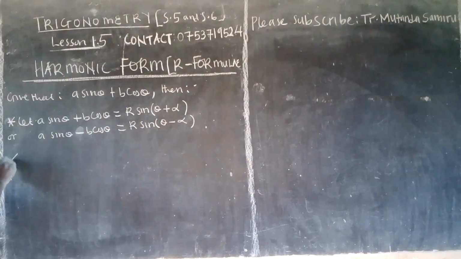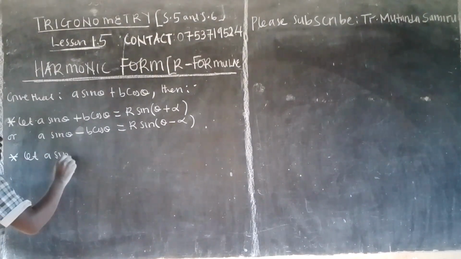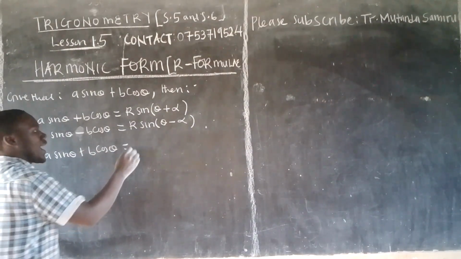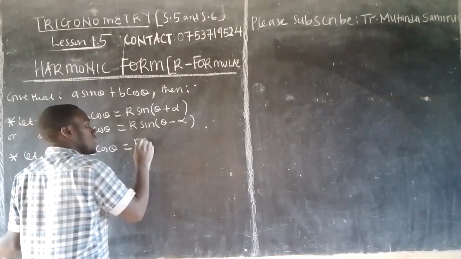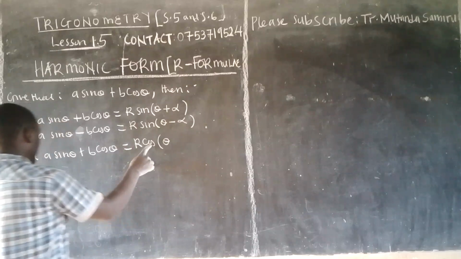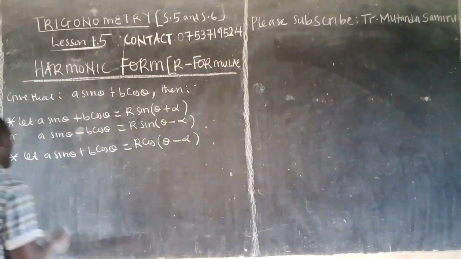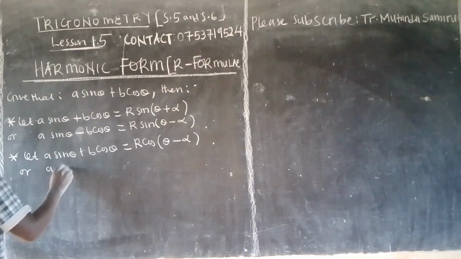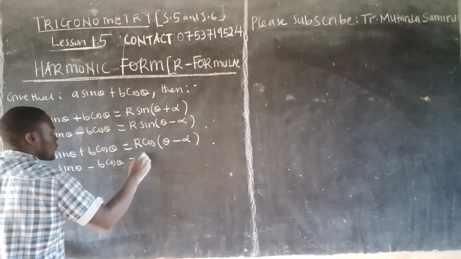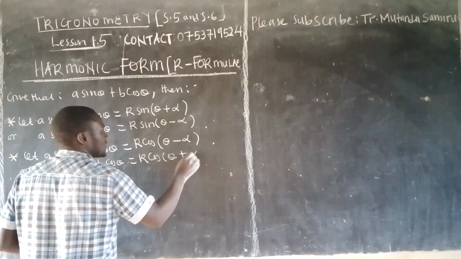Then another version would be: let A sine theta plus B cos theta equal to R cos theta minus alpha. When you're using cos and you have a plus, you put a minus alpha. Or A sine theta minus B cos theta must be equal to R cos theta plus alpha.